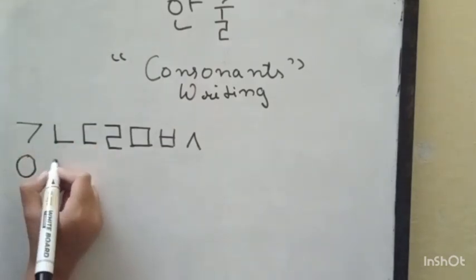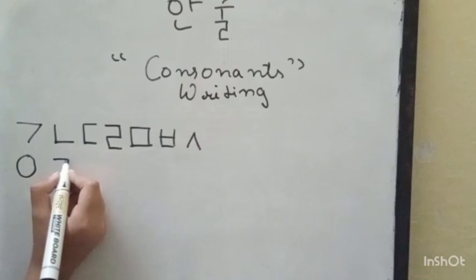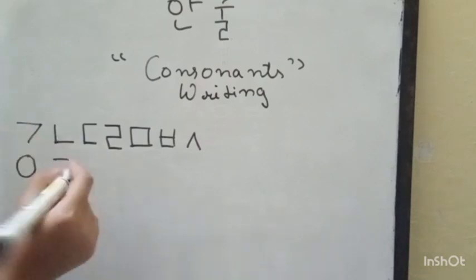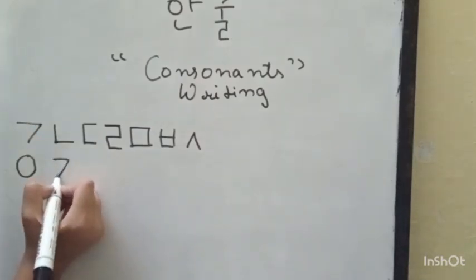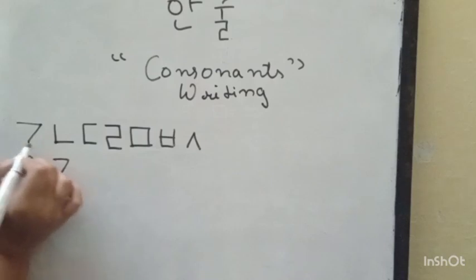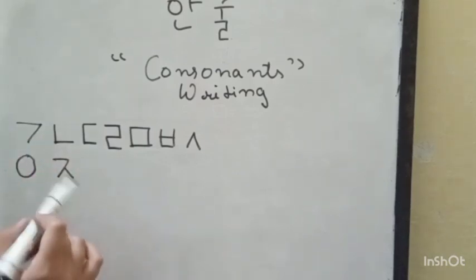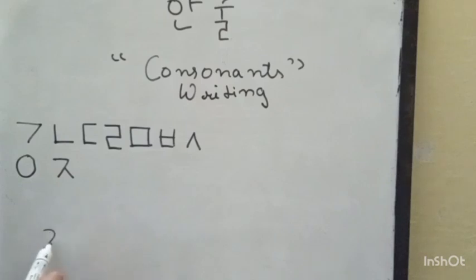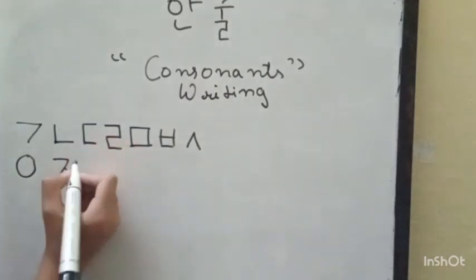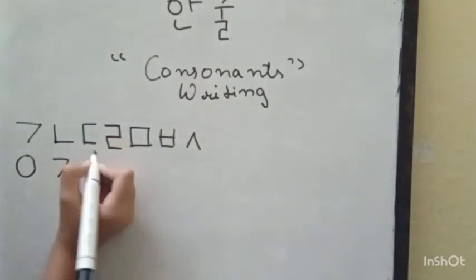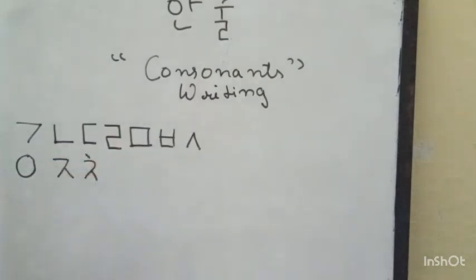Now J. J is like G with one more slanting line. So see, we have written G with one more slanting line. So it is basically like G and some mixture like this. So G and then Ch. Ch is just basically the copy of G with a slanting line there.